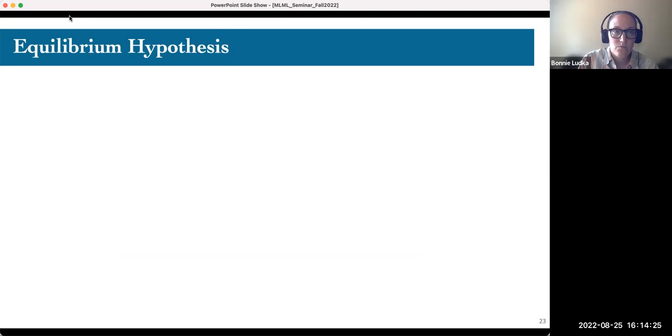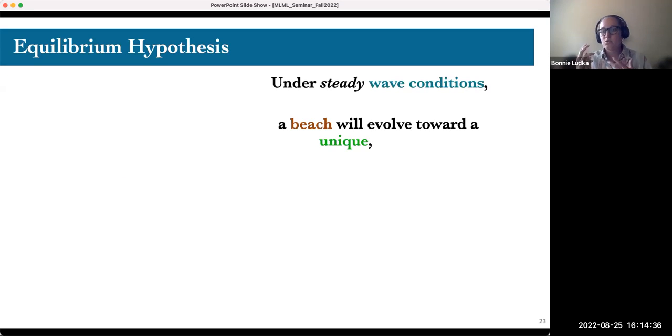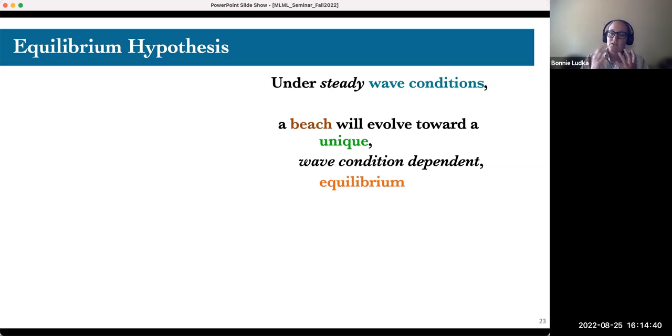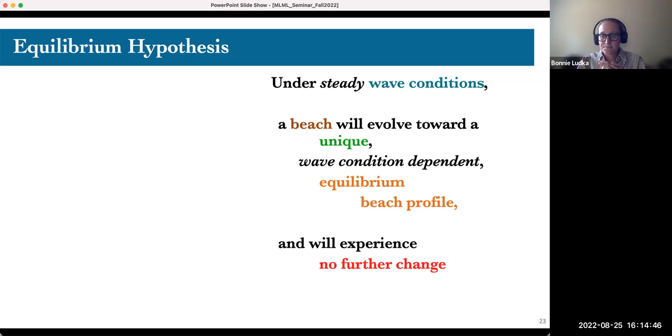When we first set out to do this, we were interested in testing the equilibrium hypothesis, which is that under steady wave conditions, a beach will evolve toward a unique, wave-condition-dependent equilibrium beach profile and will experience no further change after equilibrium is reached.